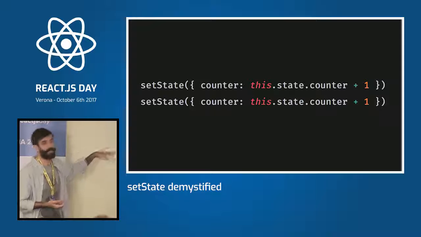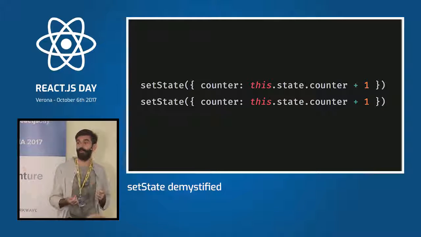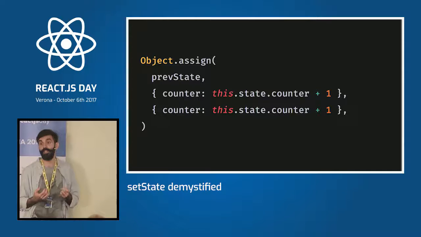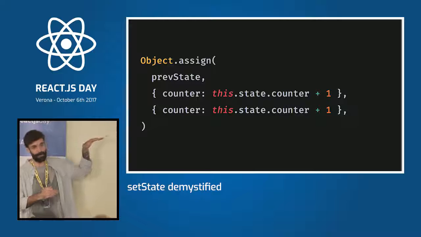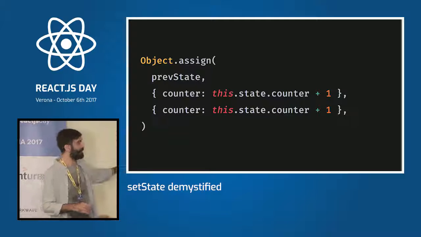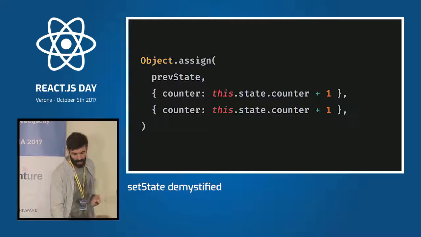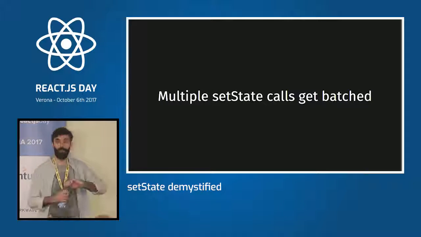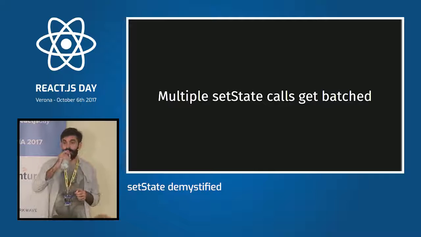You might think this is going to give you a value of 2 in the end, but actually your state changes are going to be put into a queue. Starting from the previous state, then the first state change, then the second, the last one is going to override the previous one. So the counter is going to be 1 if it was initialized to 0. This is because multiple setState calls get batched.